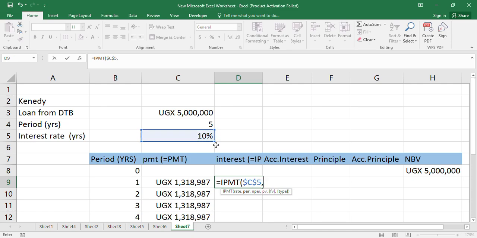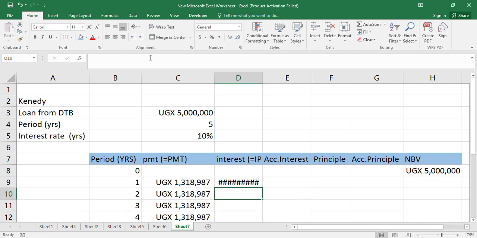Then it needs the PER, which is the payment period we are giving. For this we are not fixing it, we are not locking it. We shall have the NPER, and this is fixed. We shall also have the payment value, which must be negative, and this must also be fixed. The only thing we don't fix here is the period, because for each row it varies.